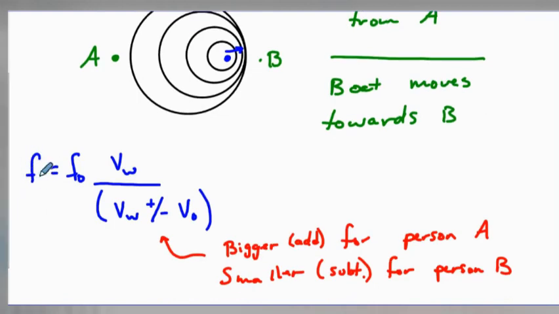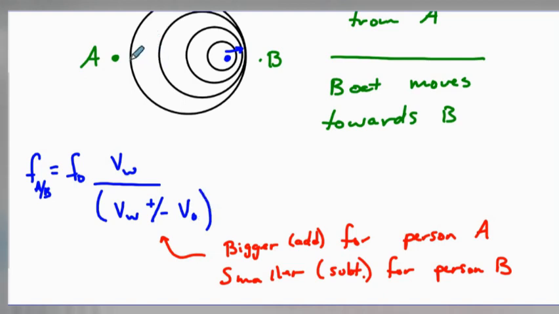The frequency that person A or B observes, depending which one we're talking about, is equal to the frequency of the object multiplied by the speed of the wave divided by the speed of the wave plus or minus the speed of the object.